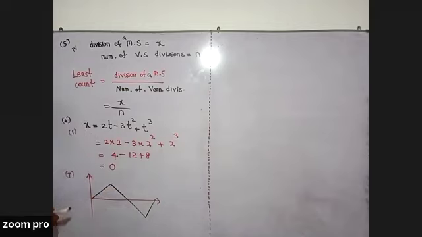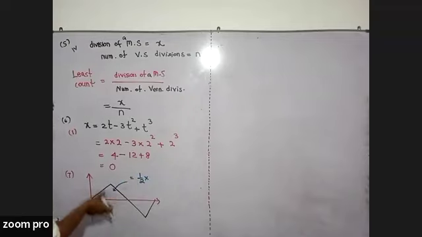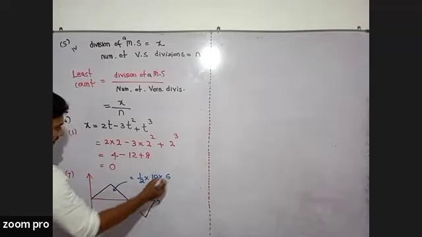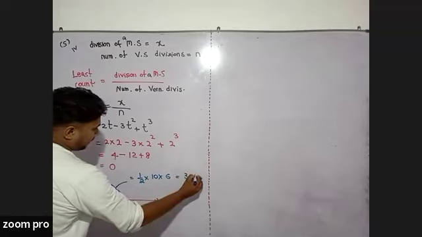Area can be obtained by using the equation for the area of a triangle, that is half into perpendicular height into base. So base should be equal to 10 and perpendicular height should be 6, so the answer is 30.